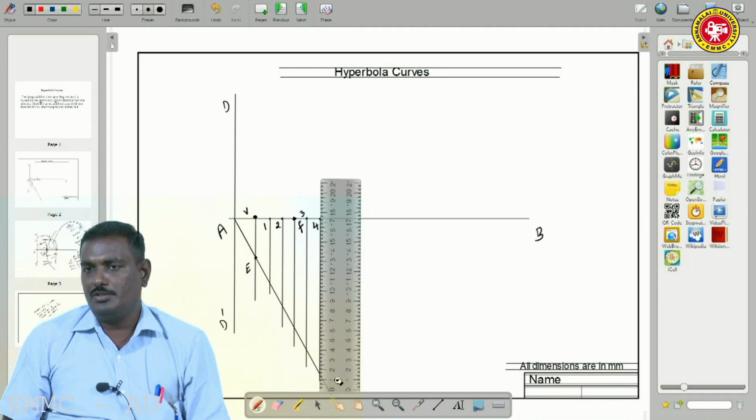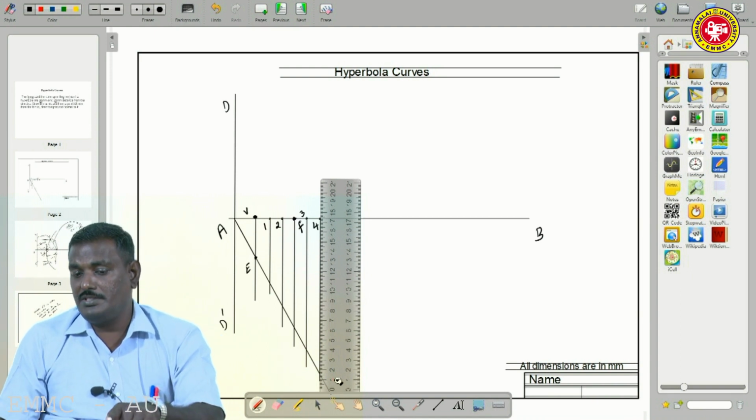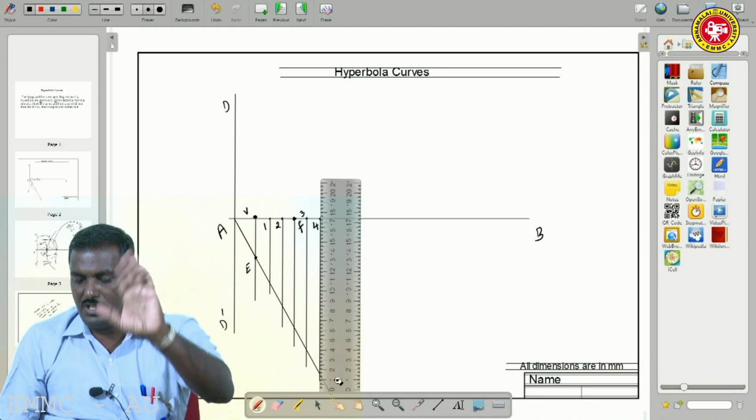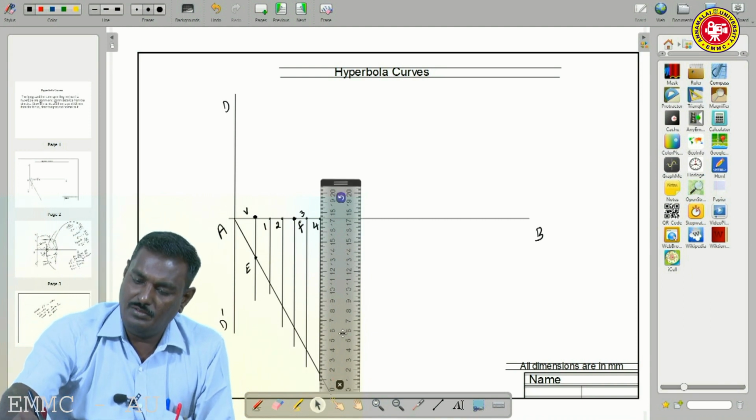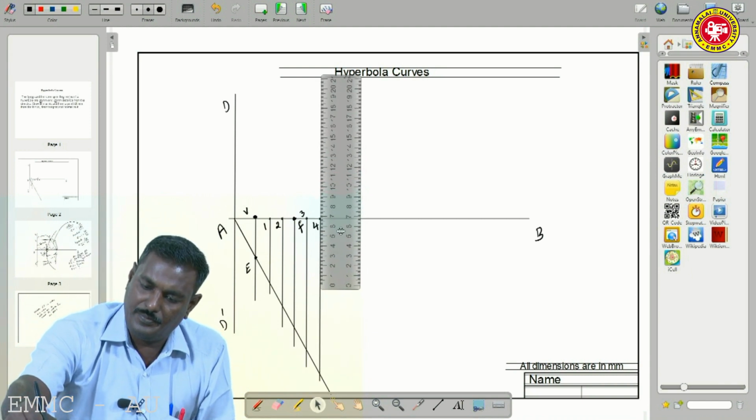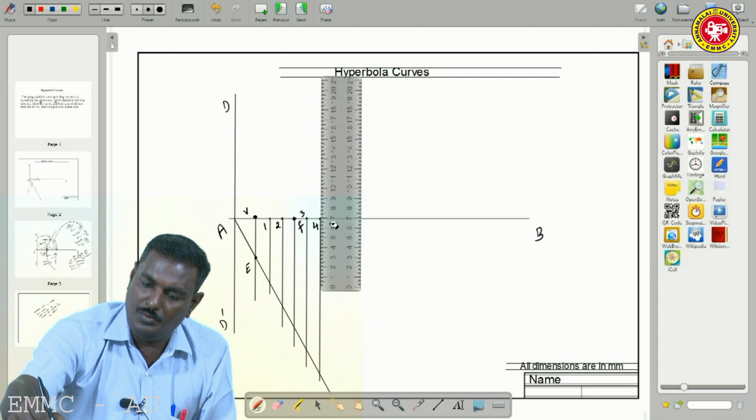But here, only one side we are doing, is it? Actually it should be on both sides. So try to apply on both sides.